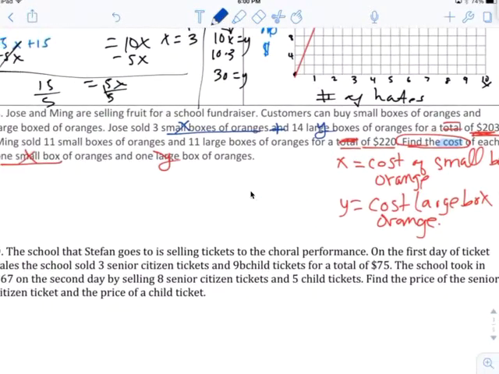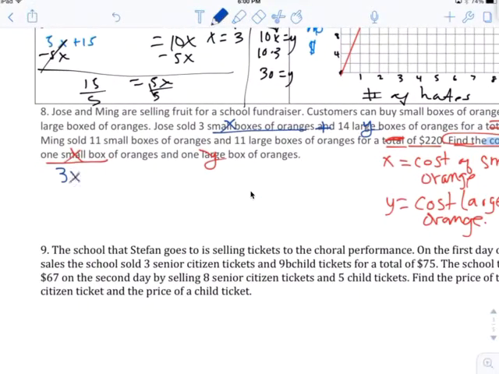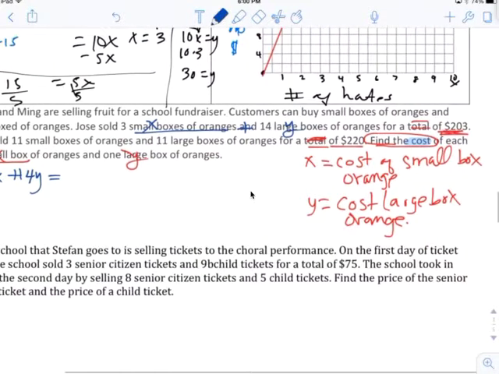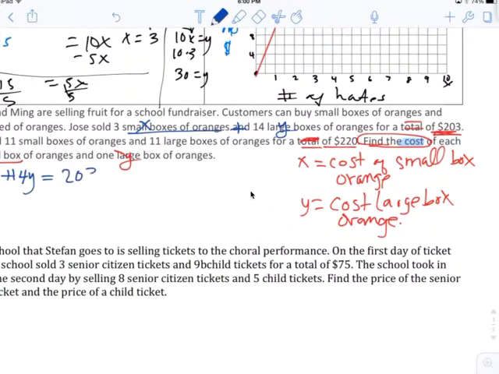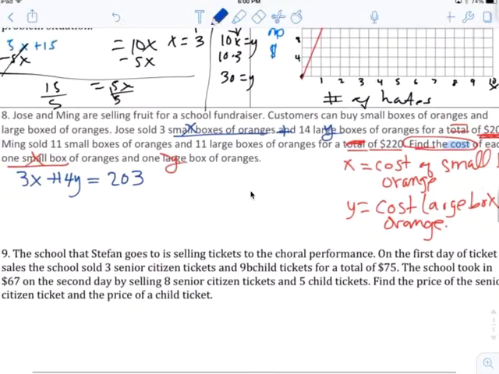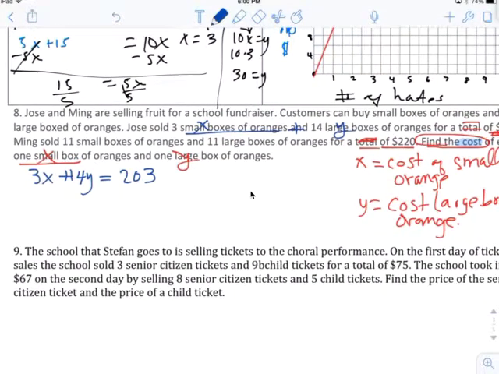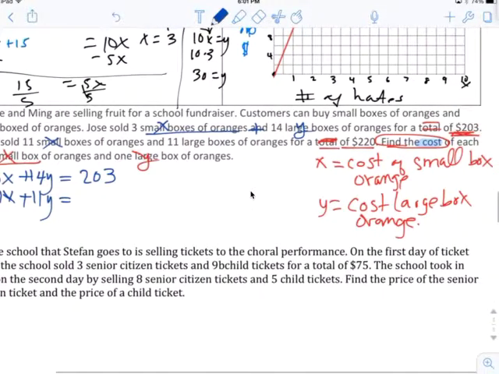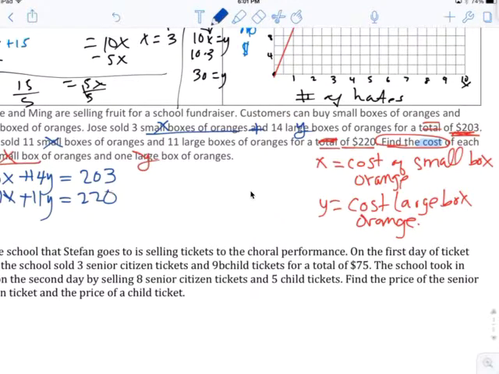So 3x plus 14y equals a total of 203. Okay, so Ming sold 11 small boxes, 11x of oranges, plus 11 large boxes of oranges. That's y equals 220.